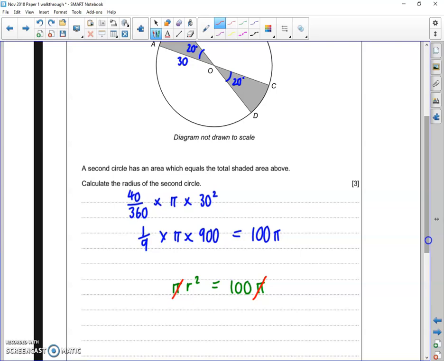We're left with r squared equals 100. The square root of 100 could be 10 or minus 10, a little bit like on the proportion question. But you can't have a negative radius, so you can forget about that, and the radius of the second circle must be 10 centimetres.